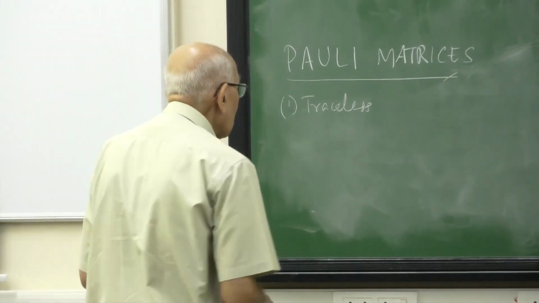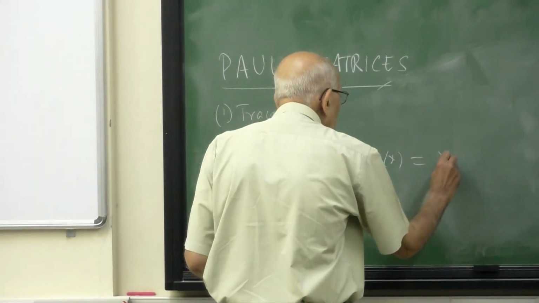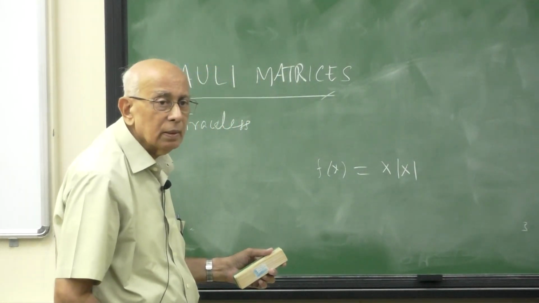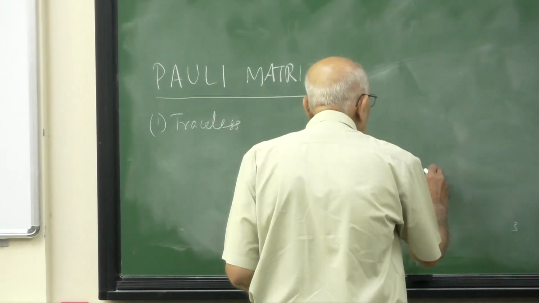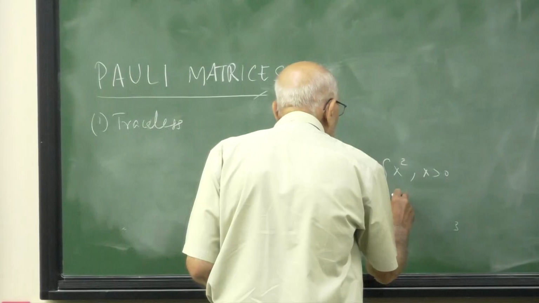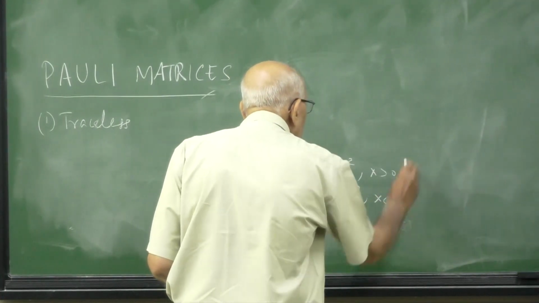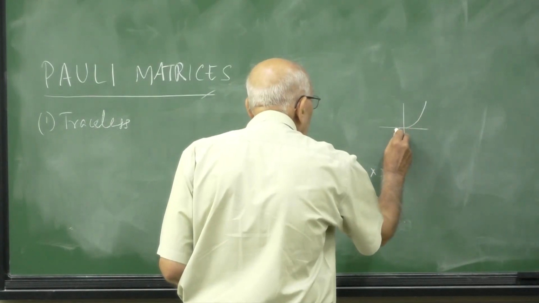For instance, if you look at a function like f of x equal to x modulus x, what does this function look like? This is x squared if x greater than 0, minus x squared if x less than 0. So it's like taking a parabola, sticking it here, and taking the other half of the parabola and sticking it here.